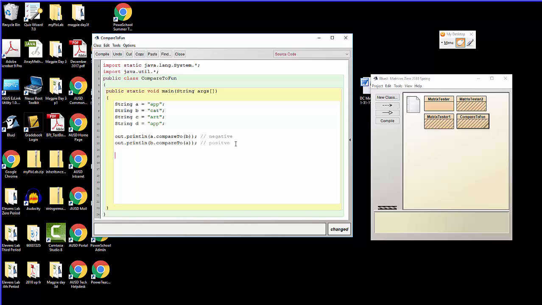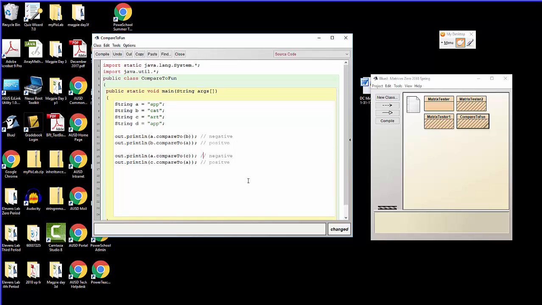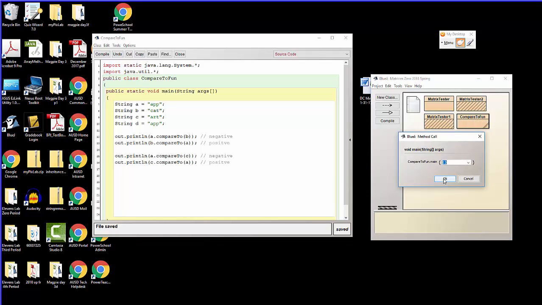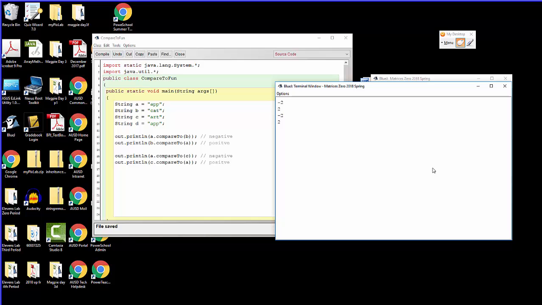It'll tell you that app comes before art in the dictionary because P is before R. So if the first letter is the same, it keeps on going and checking throughout. So app comes before art, so again, negative, positive. We never care anymore what the exact number is. The AP exam does not care what the exact number is.